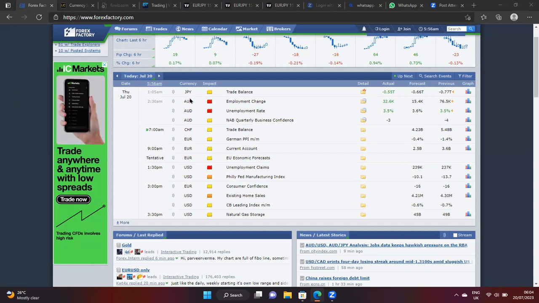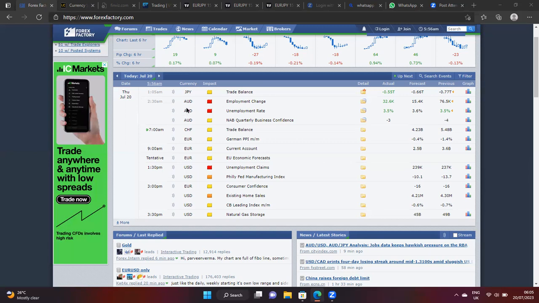And then what is on my screen is what we call Forex Factory. It's forexfactory.com, a website that helps you detect news in the Forex market. It pops up currencies with negative news and positive news.